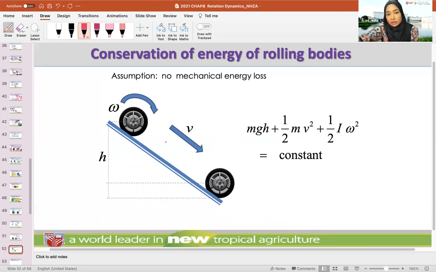This tire is rolling down this hill, it is rotating and also translating ataupun moving forward. So you know that the E initial will be equal to the E final, and they are not going to be impacted by work done by non-conservative forces. WNC tak ada kat sini. So EI is equal to EF.